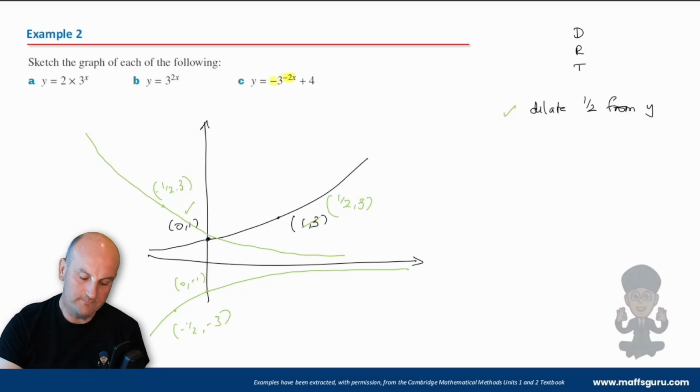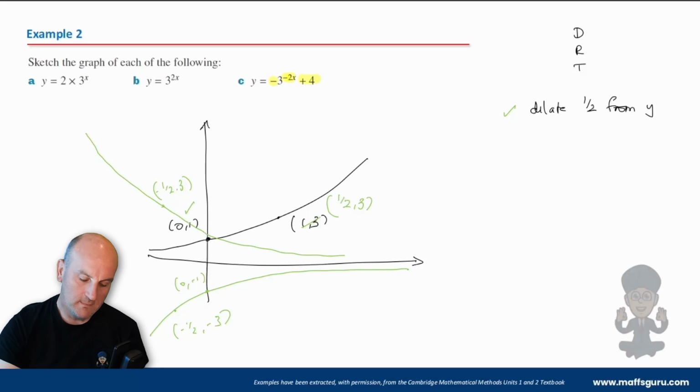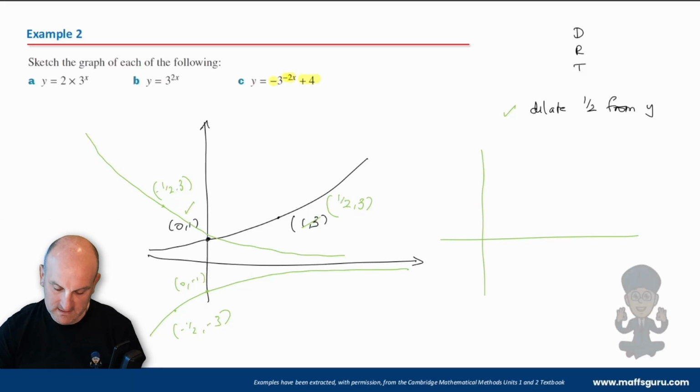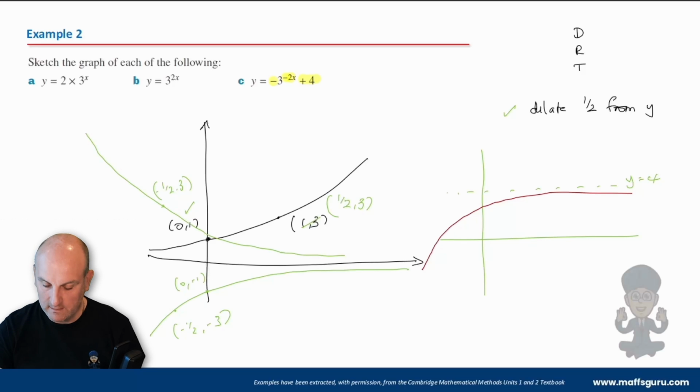And then what's going to happen? We would then translate that up by 4. So my final graph is going to look something like this because my asymptote is now going to be at y equals 4. Sorry about the dreadful color. Let's try something else. It's going to do something like this. And I'm going to put some arrows on the end there because of my domain. Now, it's going to be through +4, right?